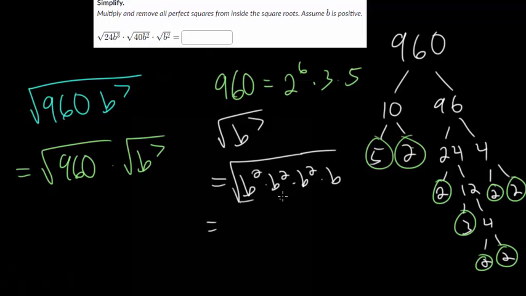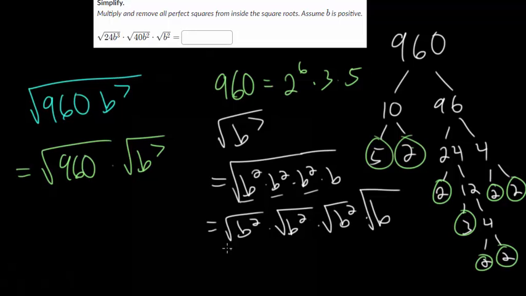And then each of these b squared terms I'm going to put in their own square root. So we have a product on the inside, which means we can turn this into a product of square roots. And each of these is just going to be b. So b times b times b, so you get b cubed times the square root of b. Let me just rewrite that since it's a little bit sloppy. So b cubed times root b.